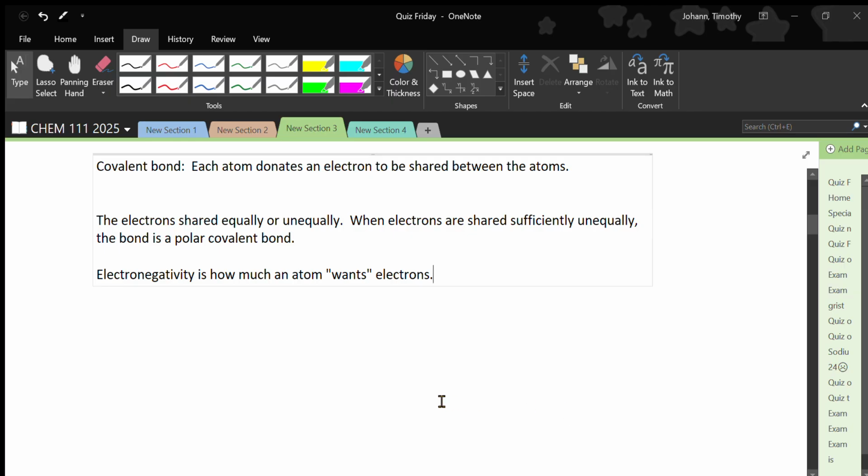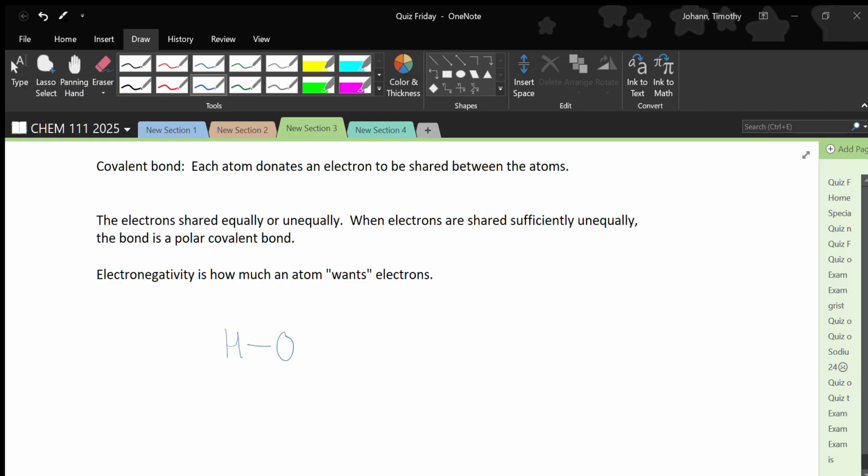All right, and so if we have something like hydrogen, and let's say we have a bond between hydrogen and oxygen, okay, this isn't a full structure. We'll just look at the bond here, but which of those atoms, look at the periodic table, remember your electronegativity while I tie my shoe, which of those atoms wants electrons more?